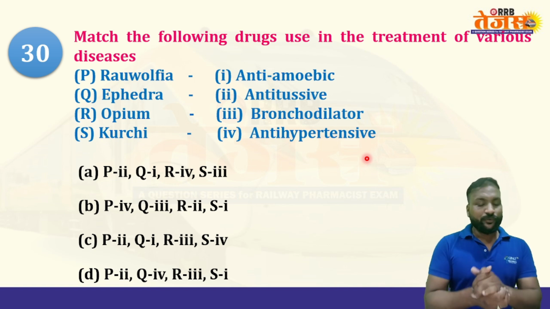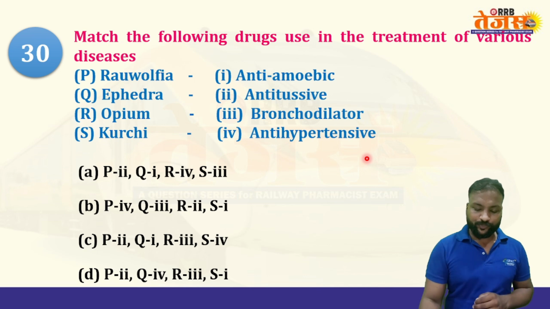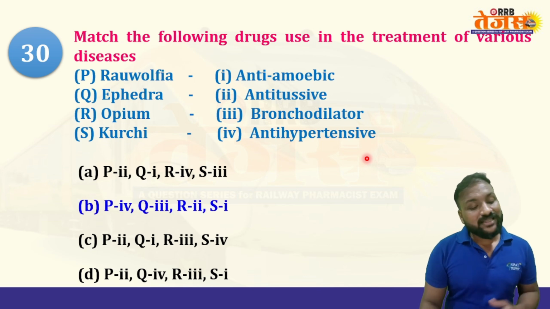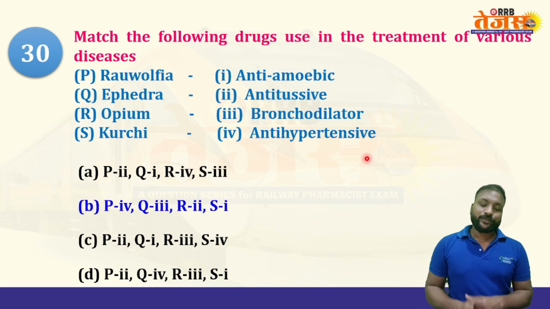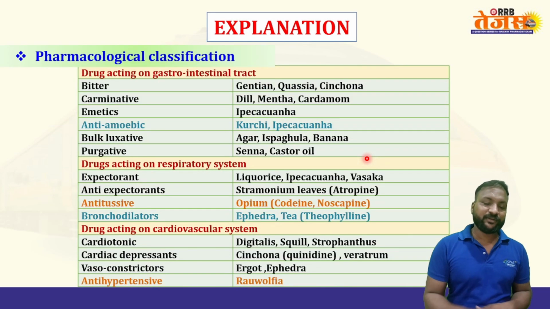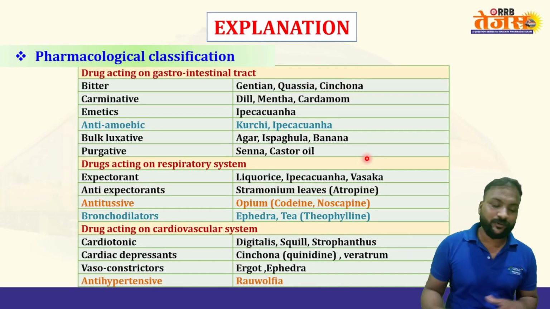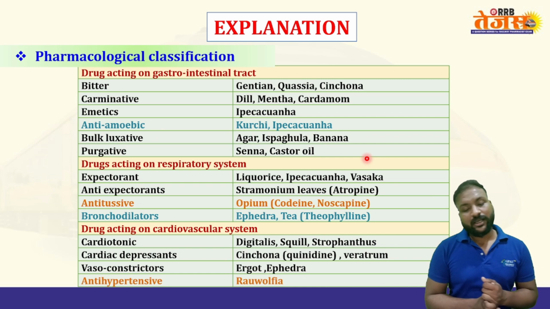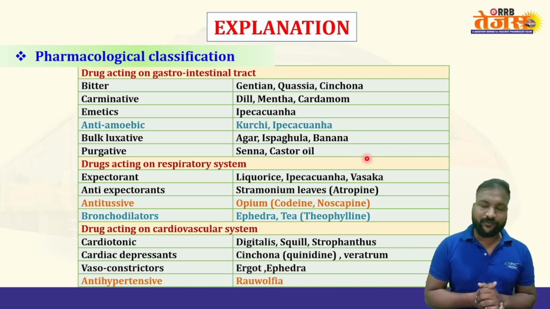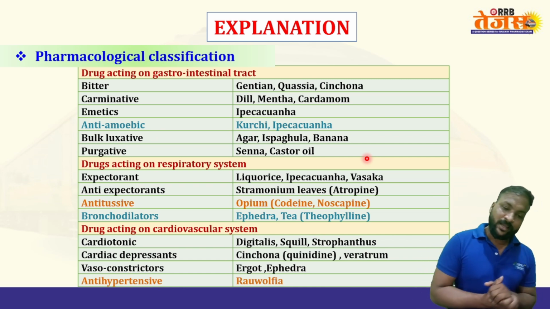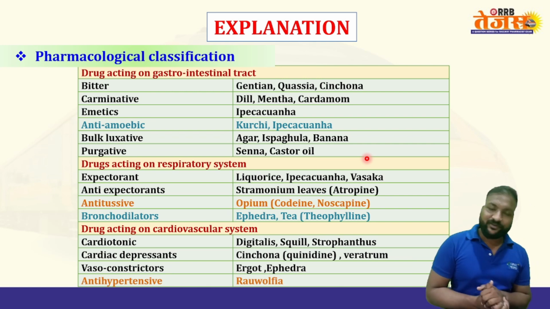Option B is the right answer here. We'll see the explanation, then end this session. These are the things we have discussed up to now. Please go through it. Definitely you will have the answer.